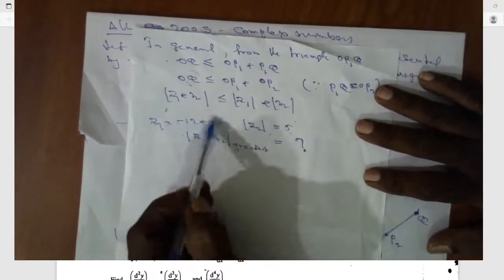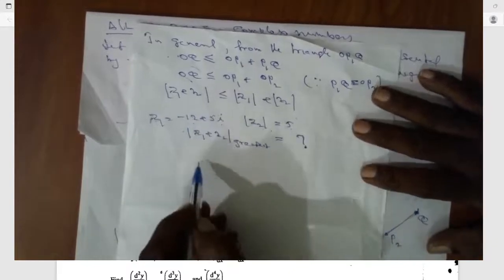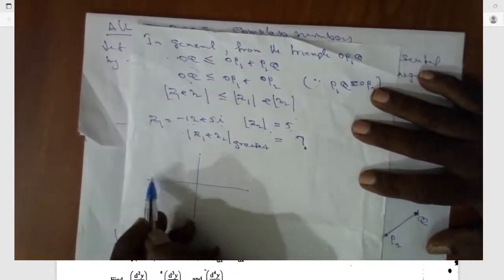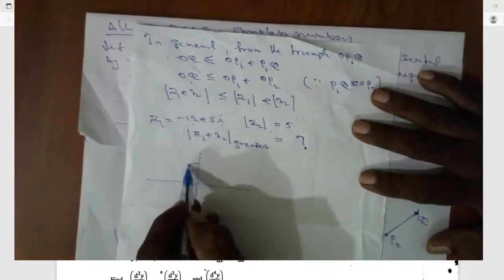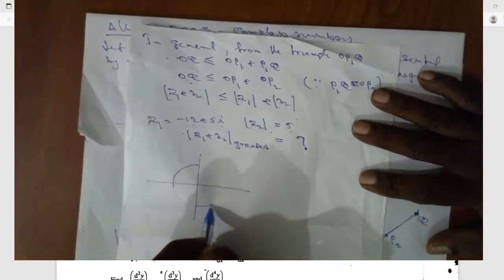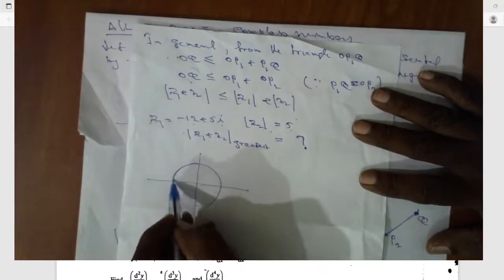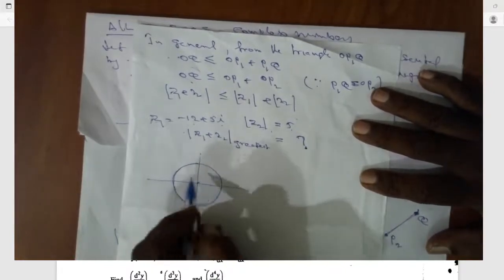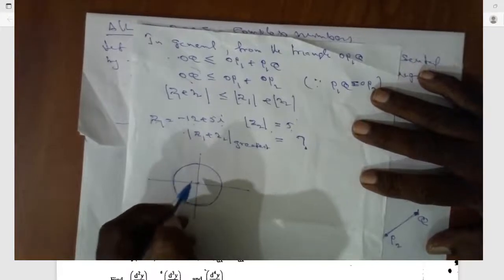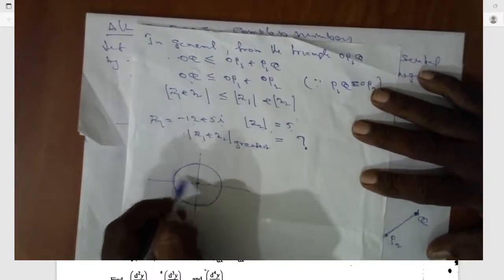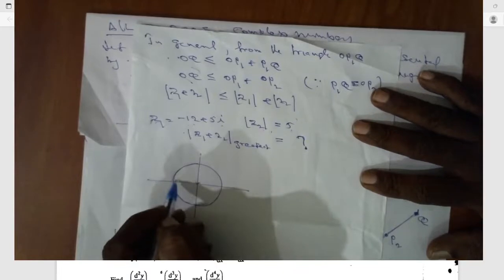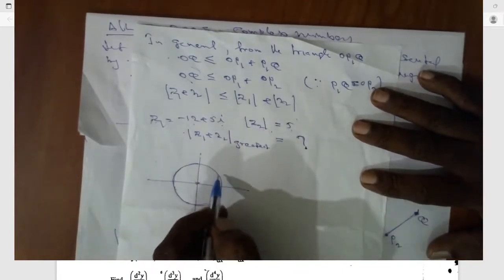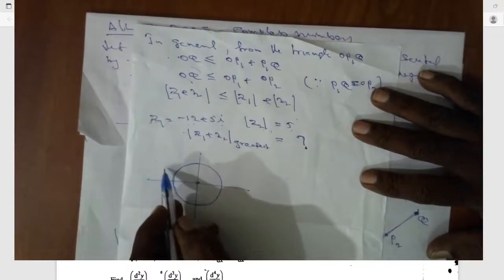This one is a constant complex number, so straight away you can mark it, right? One complex number is on this circle. The other complex number, C1, is exactly the known number, that is minus 12 plus 5i.